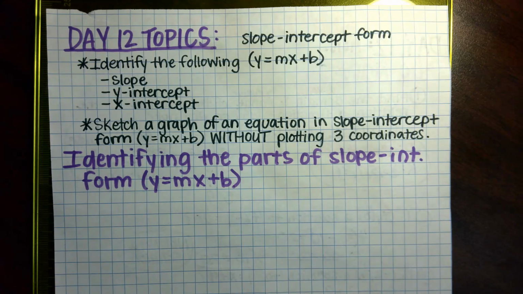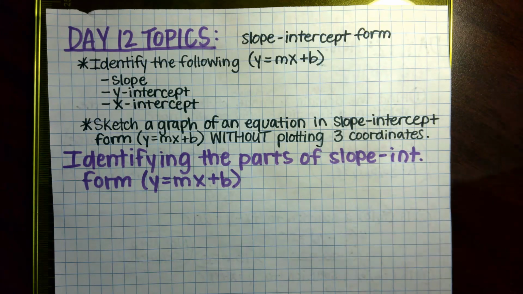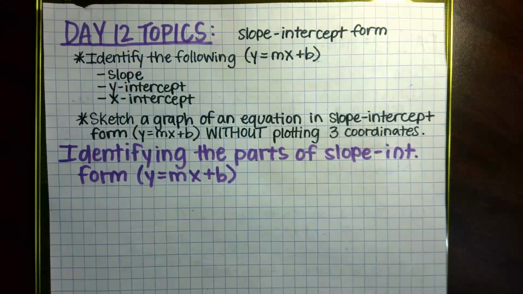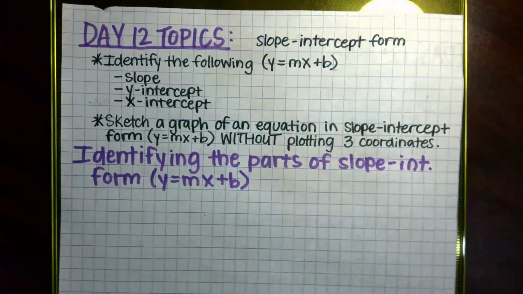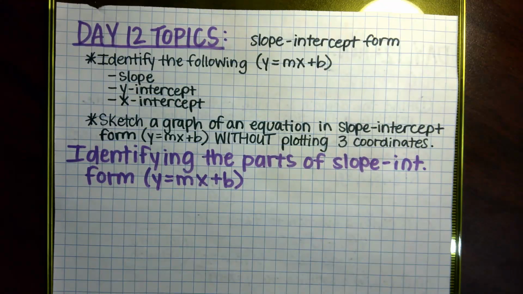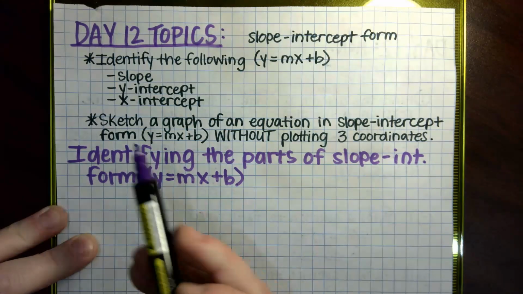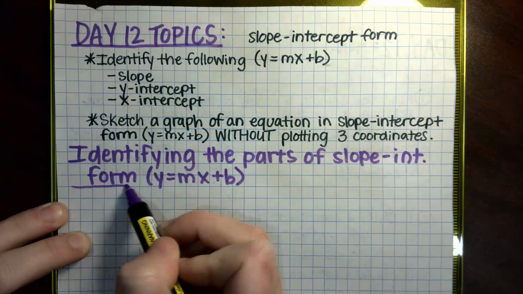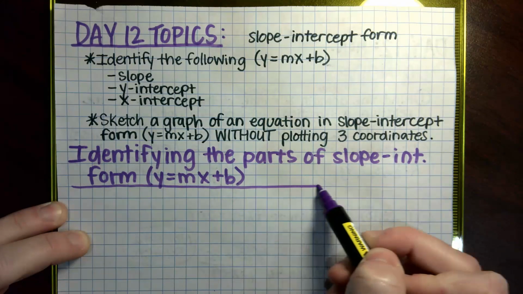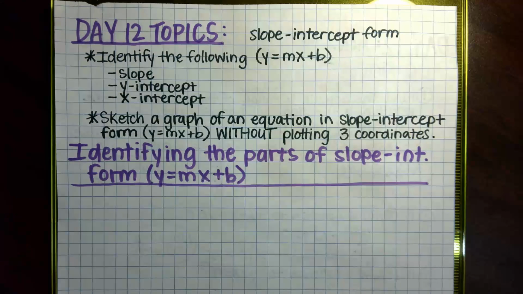So I'm going to give everyone a minute to get that written down, and then we'll move on to the actual notes. So once you get this far, the first kind of title that I have for you is identifying the parts of slope-intercept form.